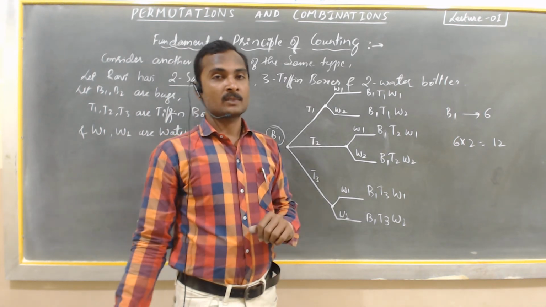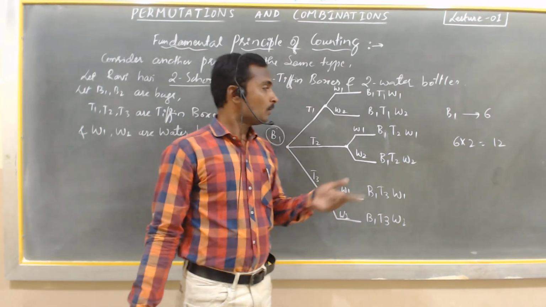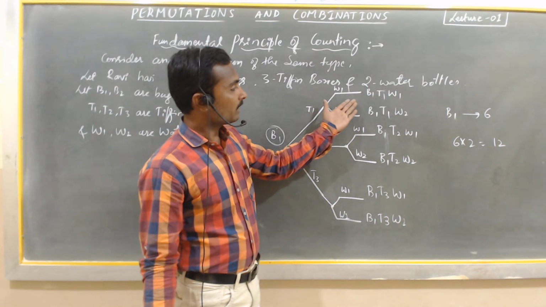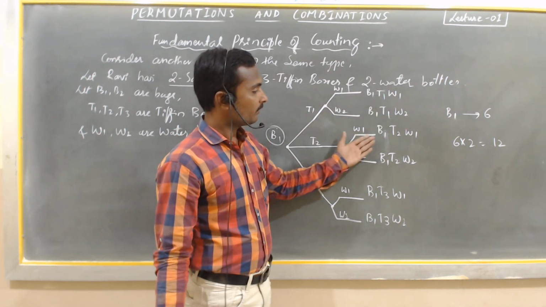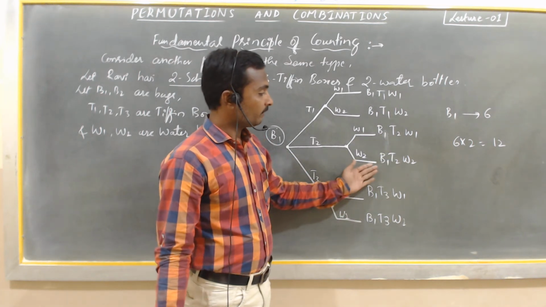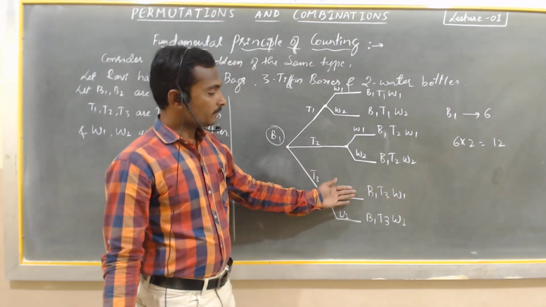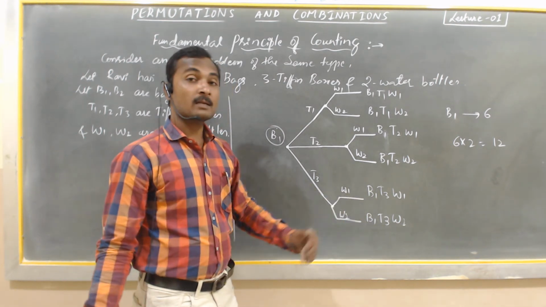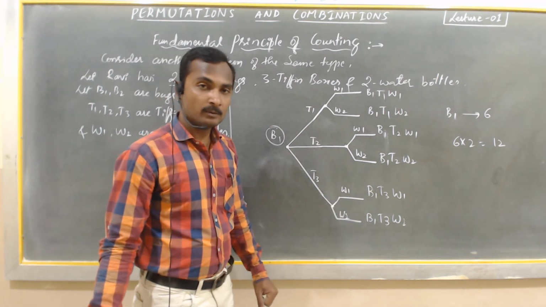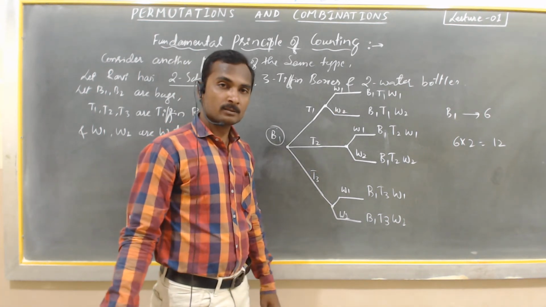without repetition. That's the most important. You can observe here, B1, T1, W1, B1, T1, W2, B1, T2, W1, B1, T2, W2. Similarly, B1, T3, W1, B1, T3, W2. There are no repetitions found in these combinations.